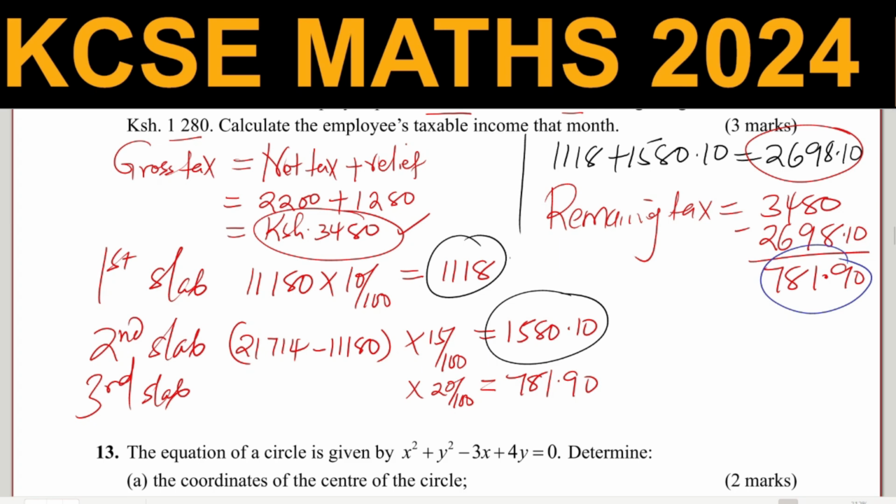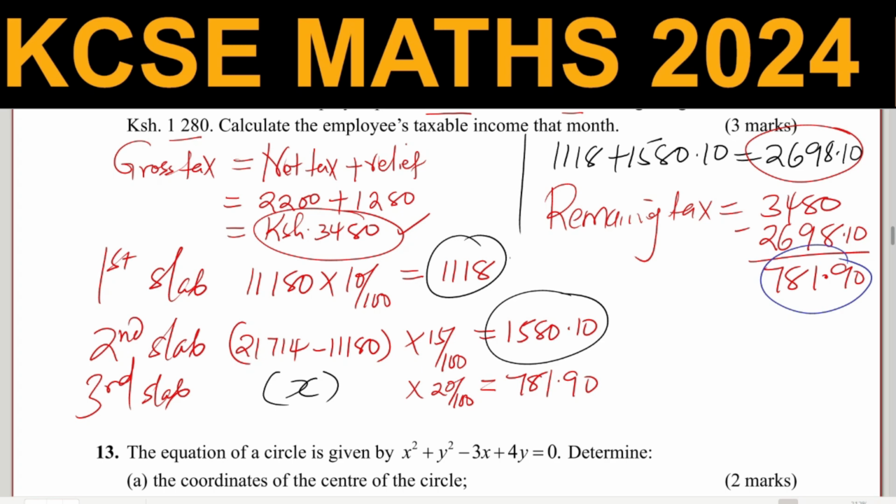So we let the amount for that specific slab be X, the income that was taxed in order to get that tax of 781 and 90 cents. So X multiplied by 20% is equal to 781 and 90 cents.